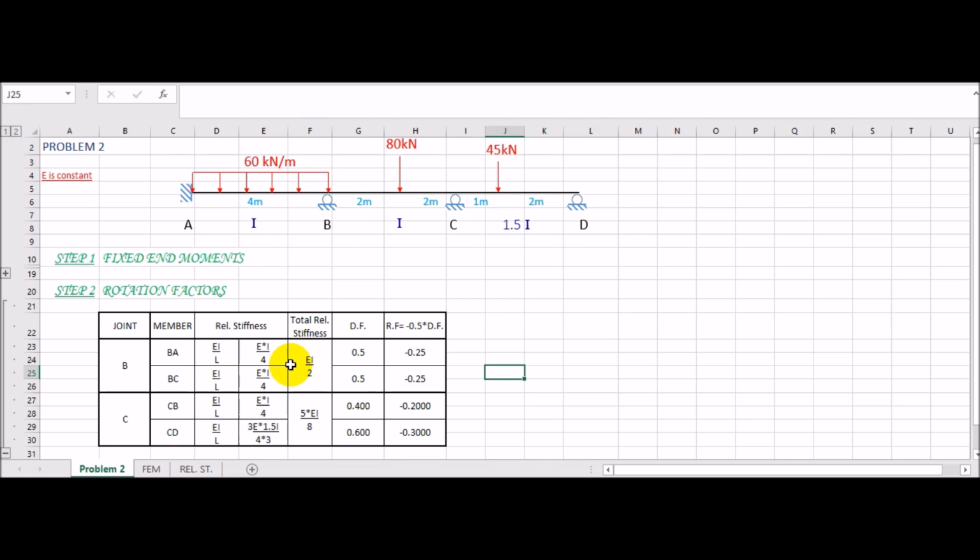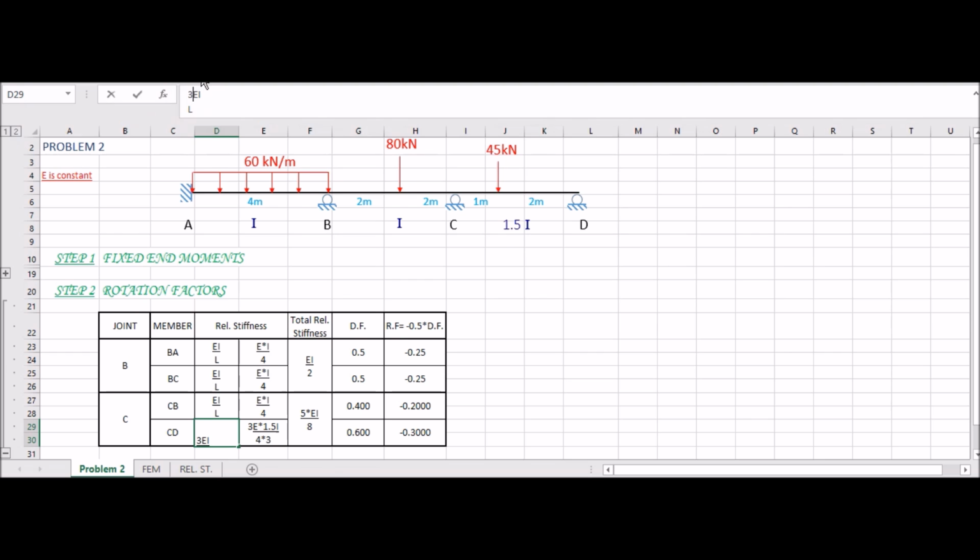Okay, so for CB the relative stiffness is, since B is the far off end for member CB and B is fixed since it is an intermediate support, therefore relative stiffness is EI by L. And for CD, I'm sorry, there is a mistake here, I'll just correct it.